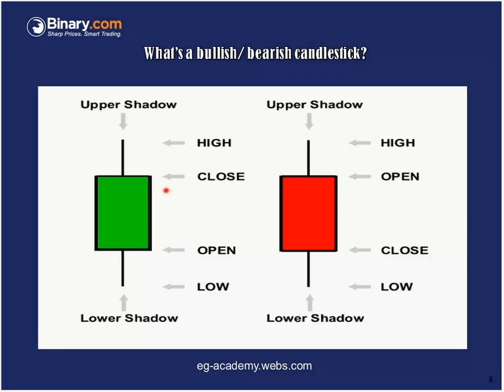And now here is a bearish candlestick. Notice that a bearish candlestick is the opposite of a bullish candlestick. It shows how prices have moved down within the time frame that the candlestick represents. Bearish candlesticks are usually represented by the color red.